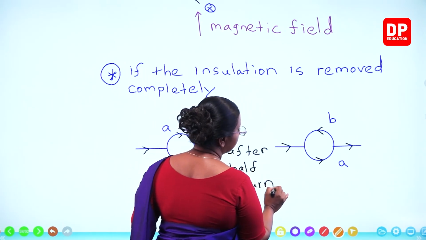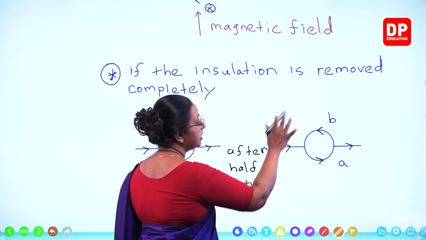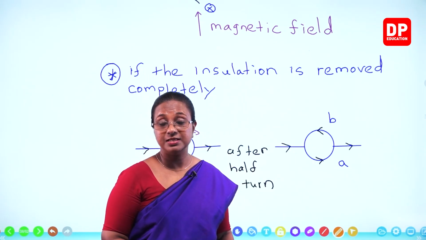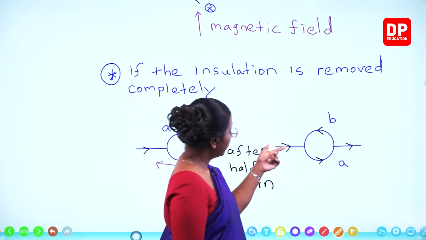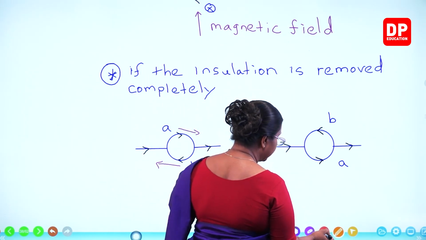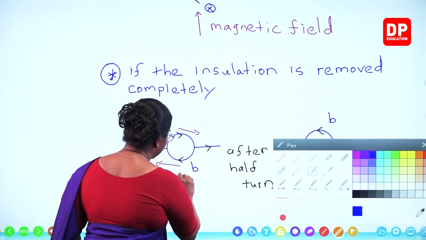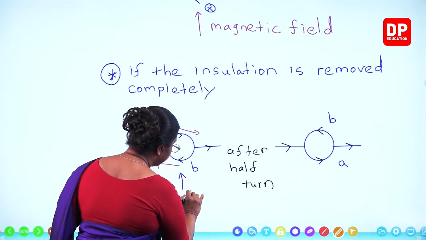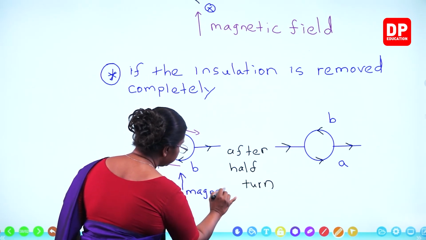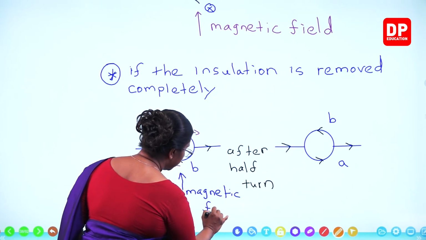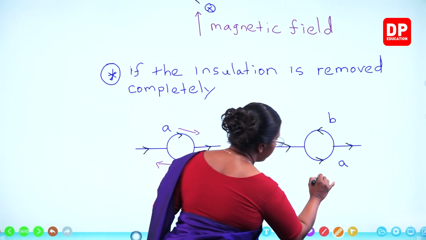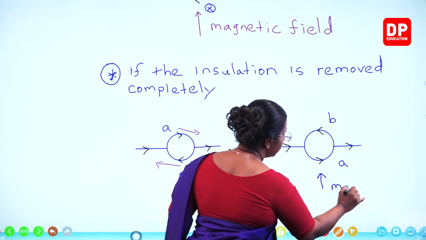What will happen? Now the rotation will be in the opposite direction. Why? Now here still the magnetic field is upwards. Now you can remember we showed the magnetic field, that is the magnetic field. Here also still the magnetic field is in this direction.